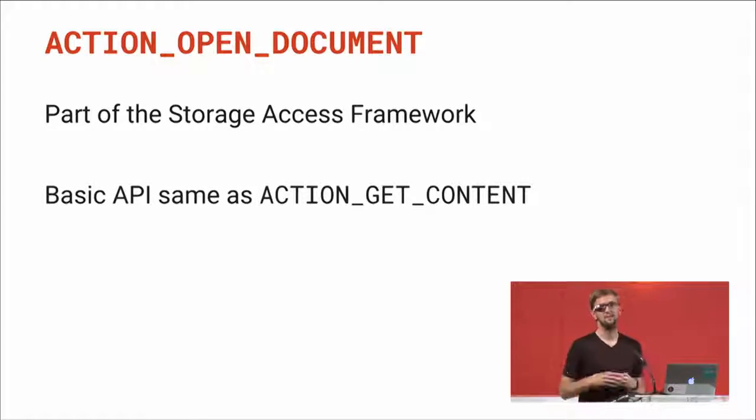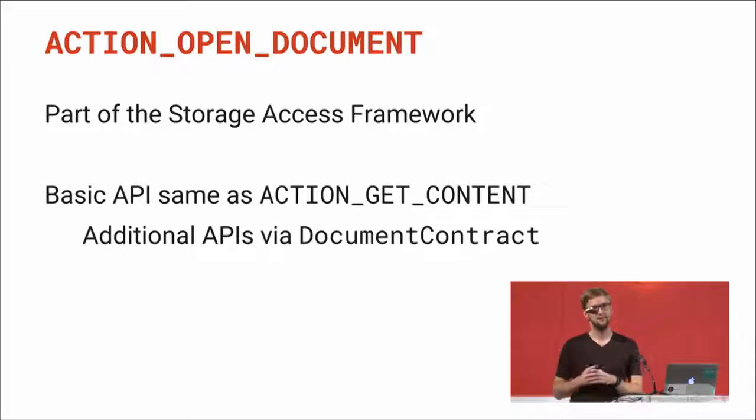But it works very similarly to action get content via API. It's still an intent. It covers many of the allow multiple and category openable that we saw for get content. And of course, no storage permissions attached to any of the storage access framework. I wouldn't really be talking about it if it had storage permissions. That would defeat the whole purpose of my talk.